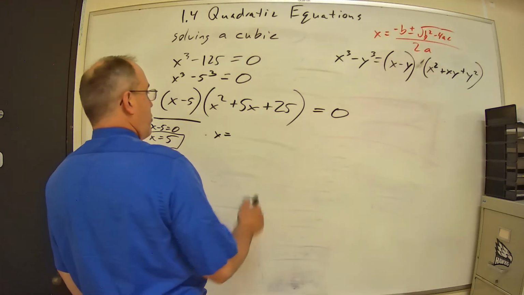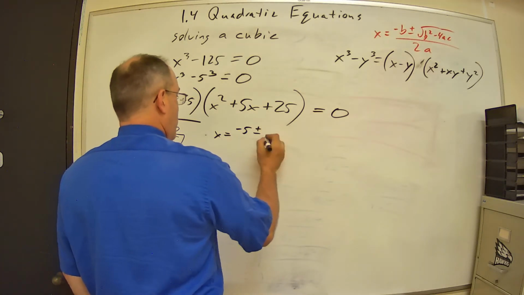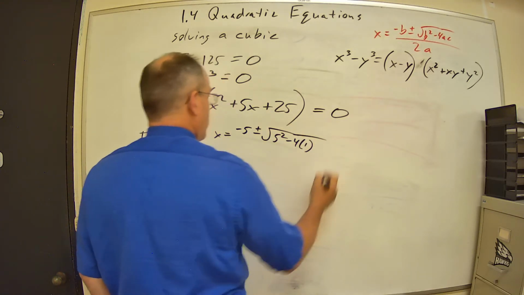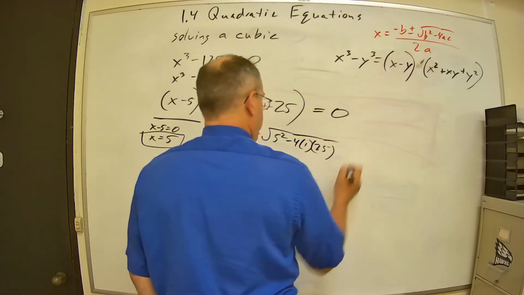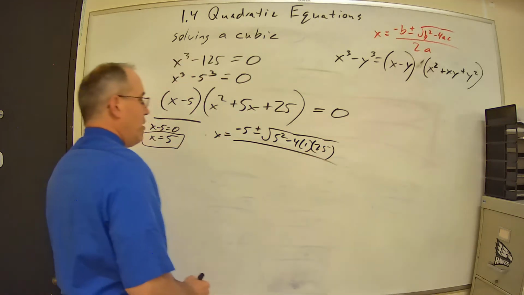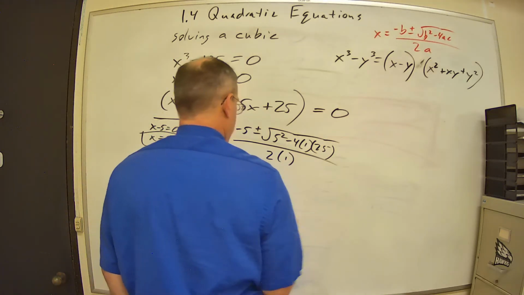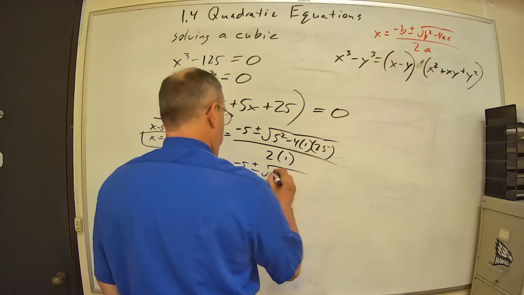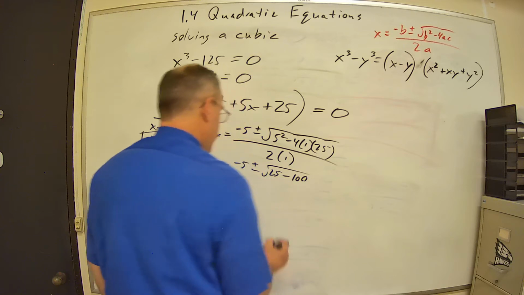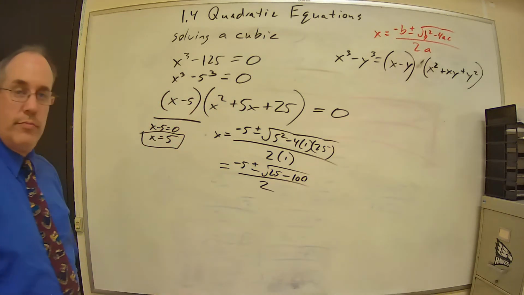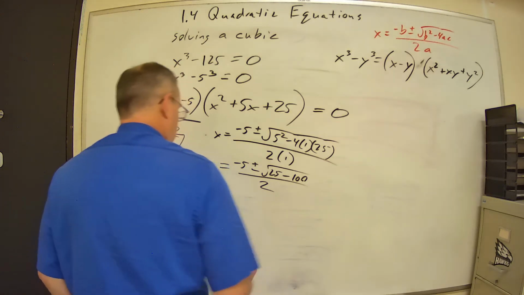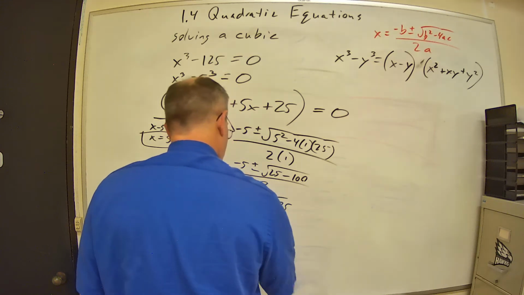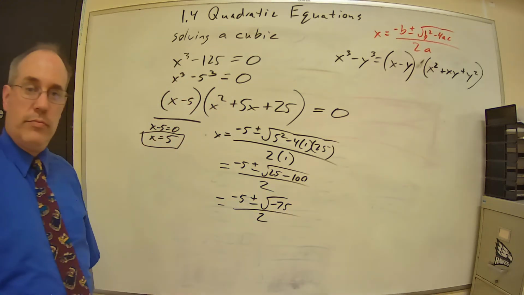So we can say x is equal to negative b, so negative 5 plus or minus the square root of 5 squared minus 4 times 1 times 25 over 2 times 1, is equal to negative 5 plus or minus the square root of 25 minus 100 over 2, is equal to negative 5 plus or minus the square root of negative 75 over 2.